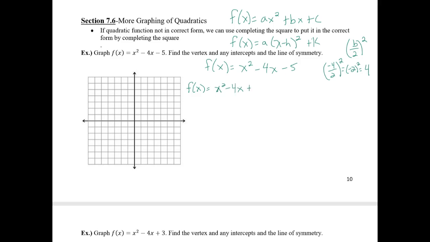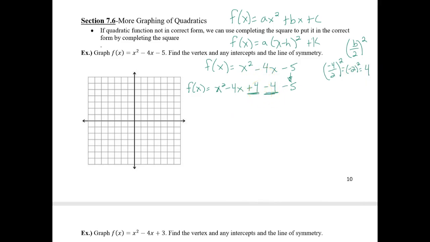And then I'm going to add 4, but also subtract 4. So this is what we've added and subtracted, and we still have that -5. Don't lose that. So the x squared, the -4x, and the -5 all stayed the same. I used my b over 2 and squared it, and I added 4 and subtracted 4. So this adds up to 0, and I've added nothing.